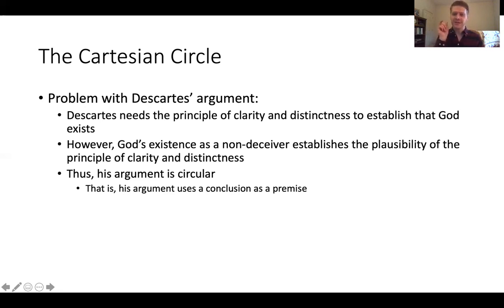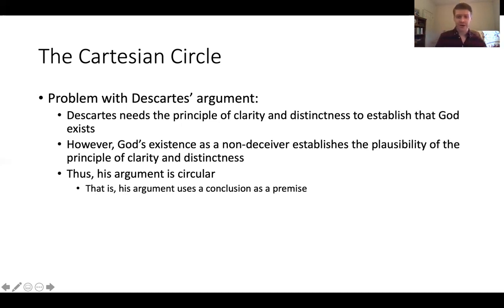So either he needs to give us some other reason to think that God exists, and because God exists, the principle of clarity and distinctness is true. Or he needs to give us some other reason that the principle of clarity and distinctness is true, and then he can use it to establish that God exists.